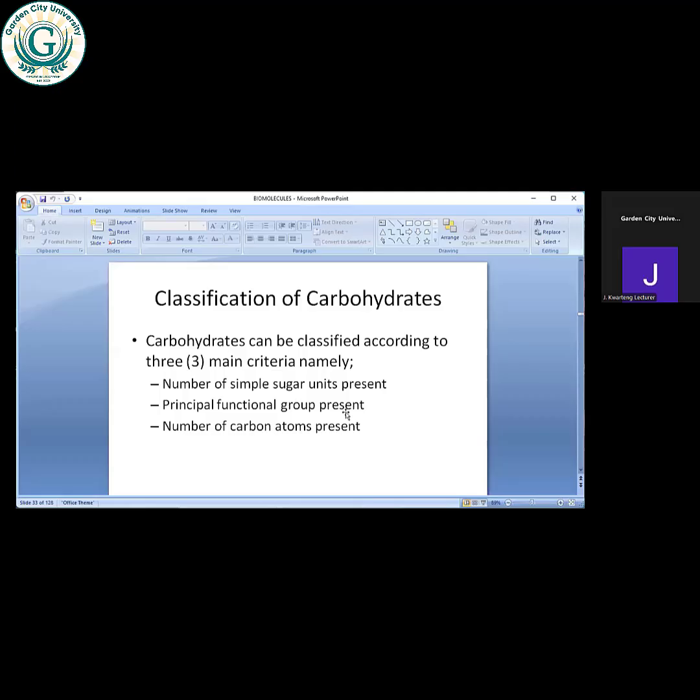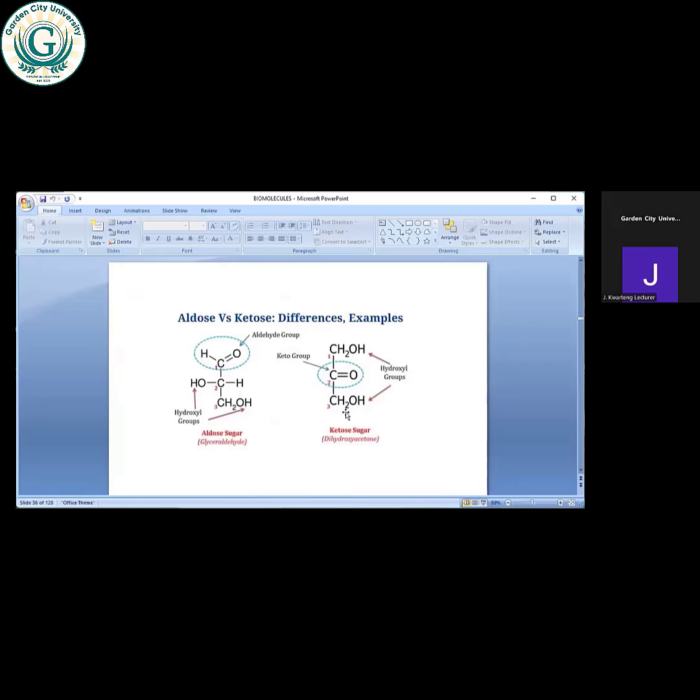Now, there are two main principal functional groups. The first is called a ketone, and the second is called aldehyde. All carbohydrates that contain the ketone functional group are called ketose sugar. Those that contain the aldehyde functional group, they are called what? Aldose sugar. So an example of an aldose sugar is glyceraldehyde.